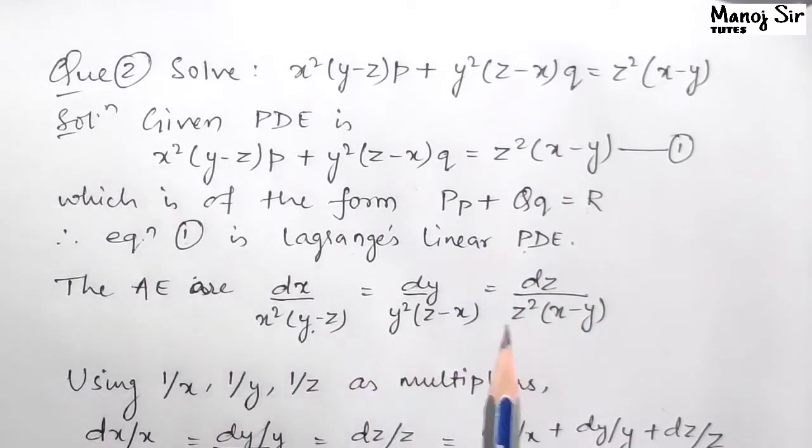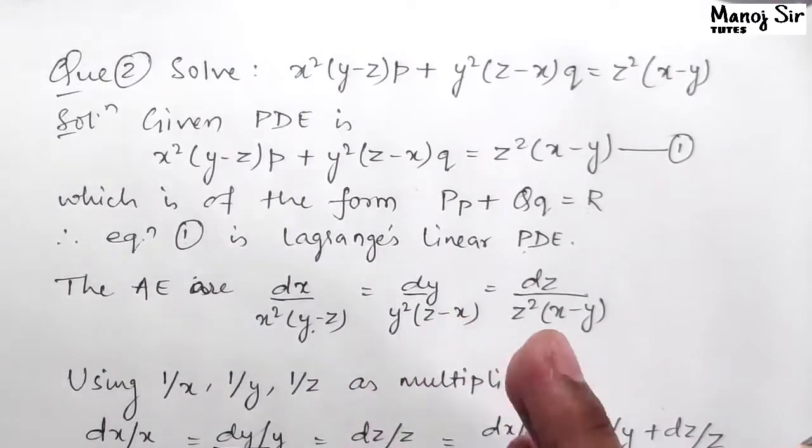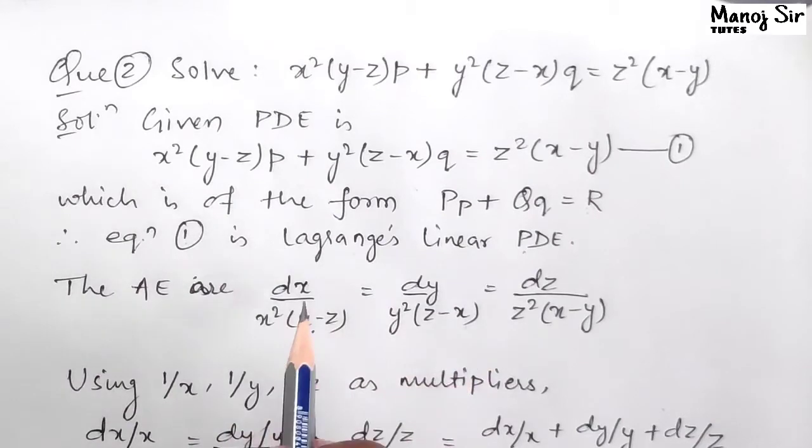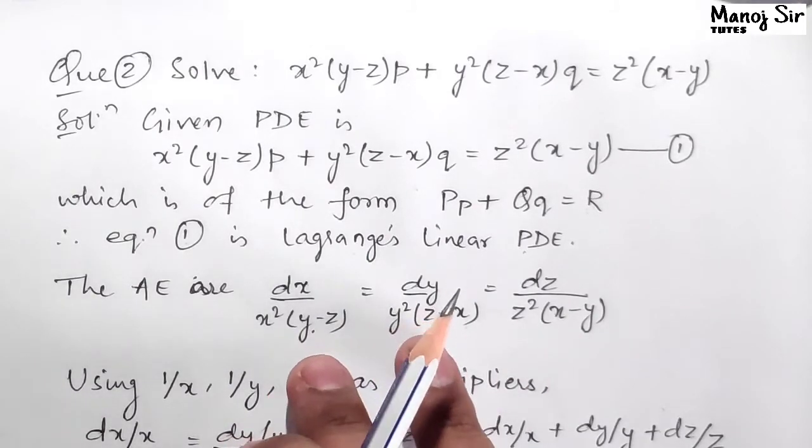Now, if you want to solve by taking fractions, if you take the first two fractions, here we have dx and here we have dy, so we need to eliminate z, but we cannot remove this z. So we cannot take these two fractions.